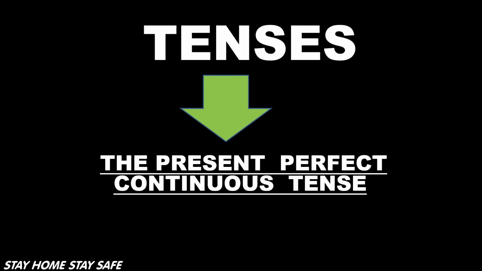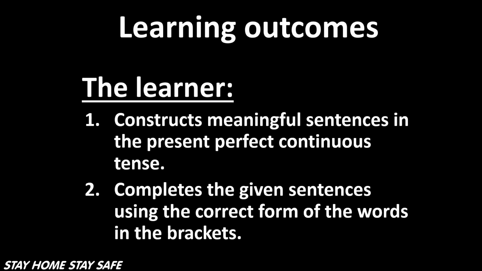We are going to look at the present perfect continuous tense. Remember, present perfect means we are going to use has or have. Then continuous, we are using the present participle verbs, adding ing. So when we say the present perfect continuous tense, we are going to use has or have, then we are going to use ing.